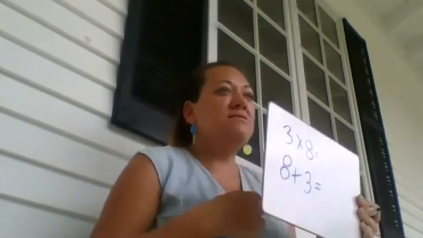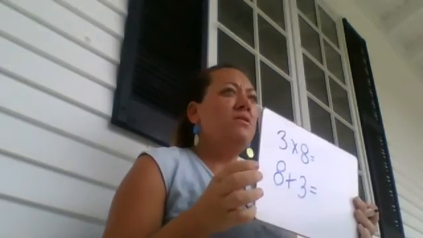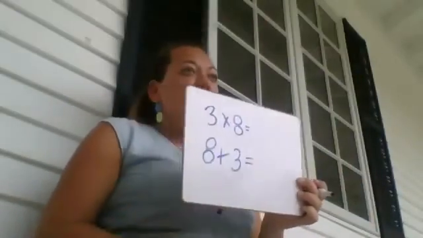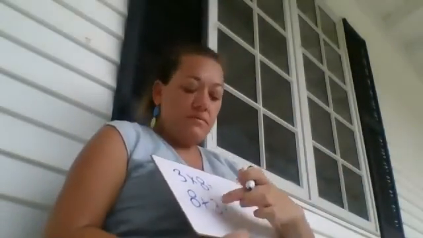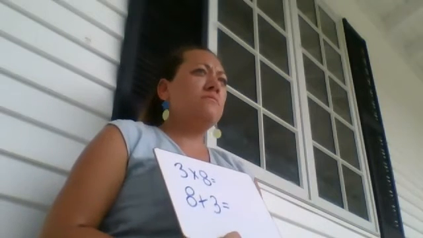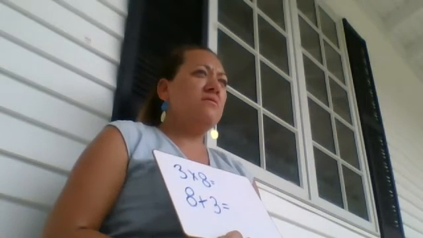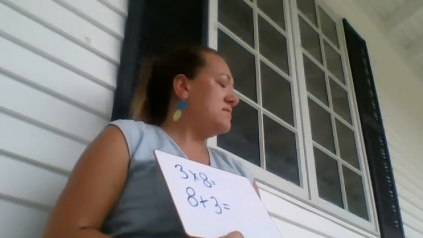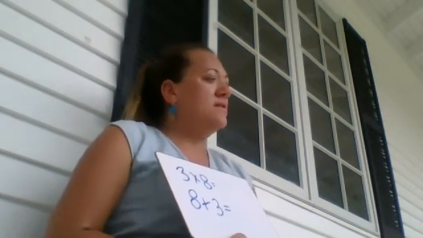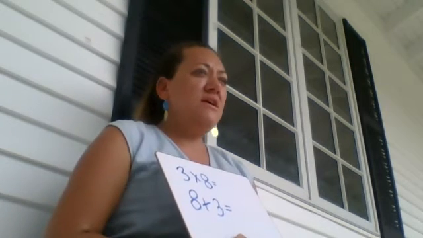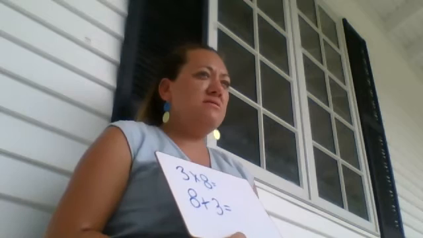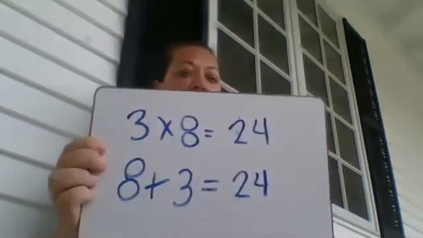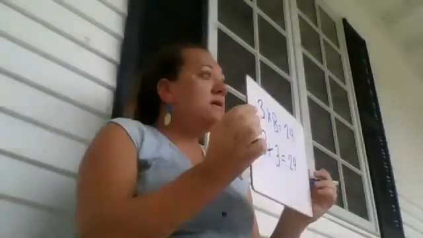So 8 times 2 is 16, plus 8 more is 24. So 3 multiplied by 8 and 8 multiplied by 3 are both going to be 24.